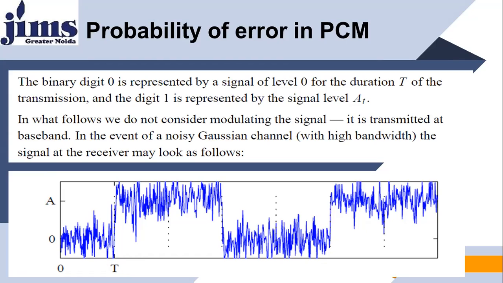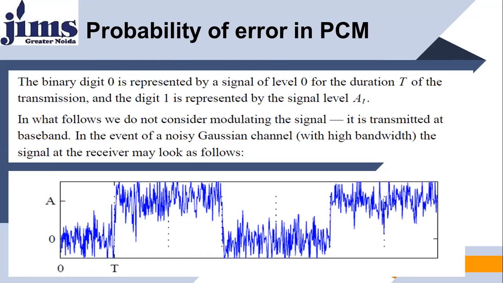And the channel that we have in a communication system is mostly the Gaussian noise channel, right? In this picture, you see that 0 and A volt are distorted because the noise mixes in the signal.